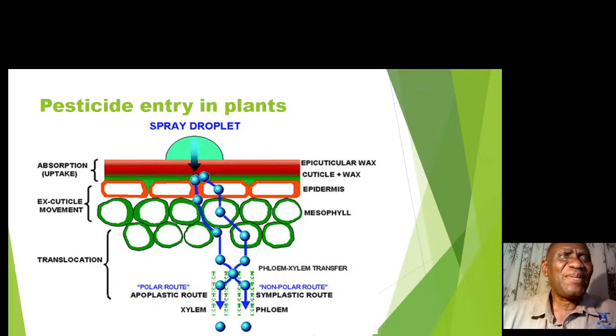It may end up in the phloem or xylem route. The xylem route is the apoplastic route, and the phloem route, where you have living cells, is the symplastic route. Then the pesticide may go wherever it is going to do the job. But otherwise, the cuticle may prevent it from entering the plant.